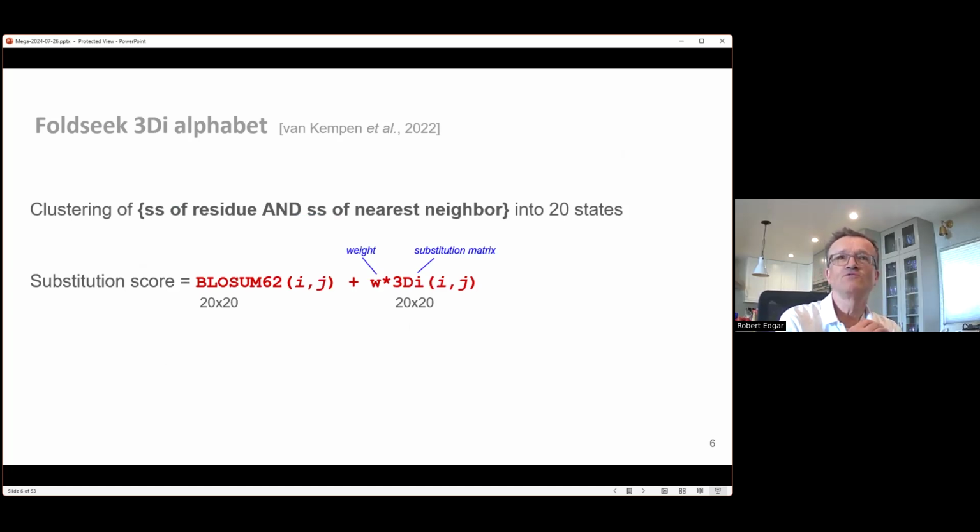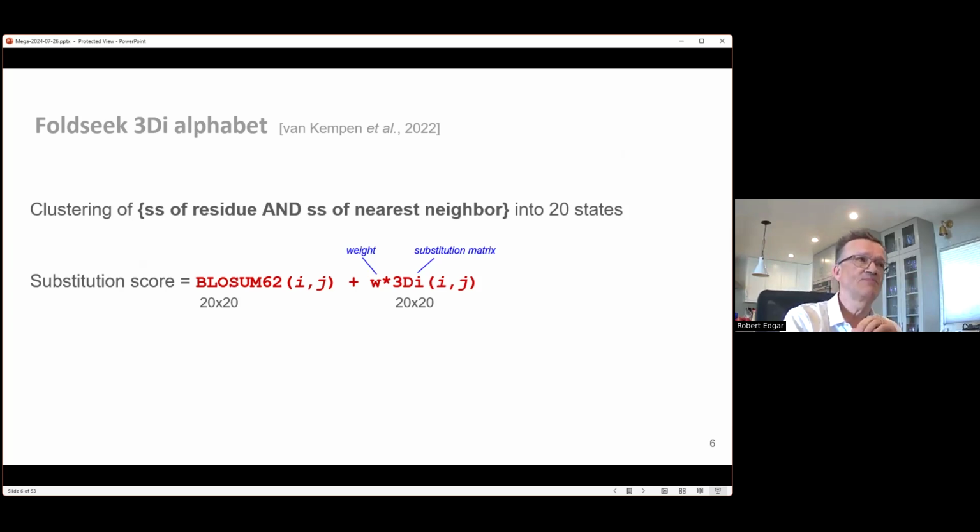The latest, greatest incarnation of this idea is Foldseek, who introduced an alphabet called 3Di. The way this was made was by clustering. It's a little hard to explain briefly, but you're basically looking at the local neighborhood of the residue, in terms of the torsion angles and of the nearest neighbor in 3D space, and you cluster all those angles into 20 states.